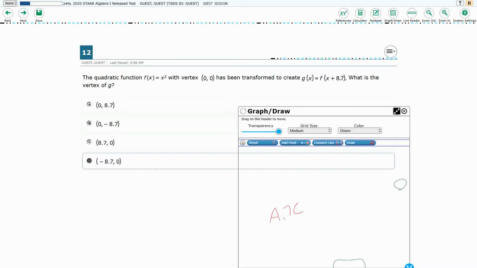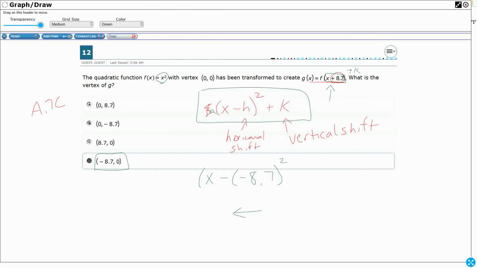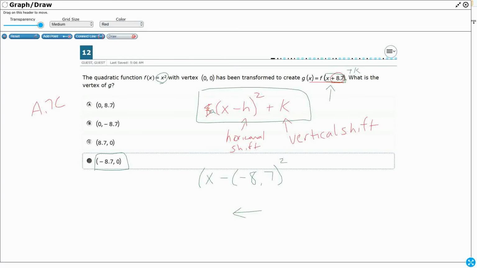And we only had 41% of our students get this correct. So this was definitely on the more challenging side. We had 30% of our students choose A. Obviously, everything here is happening with 8.7. They knew something was happening.